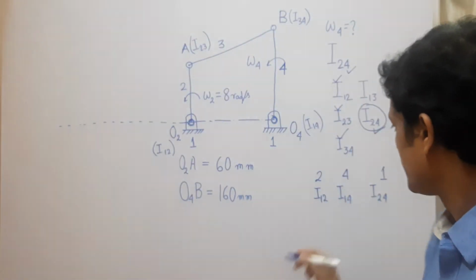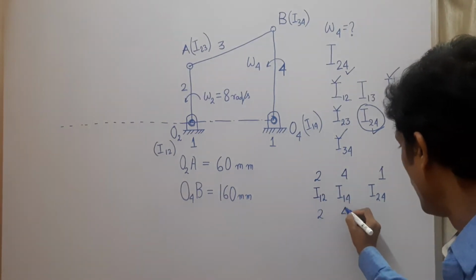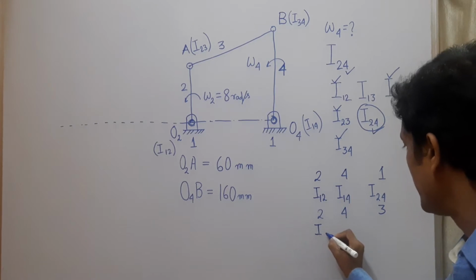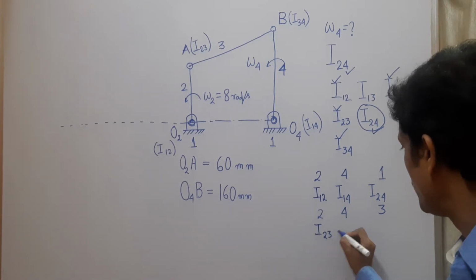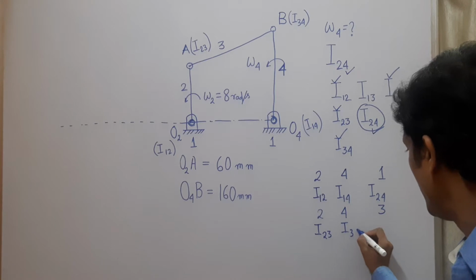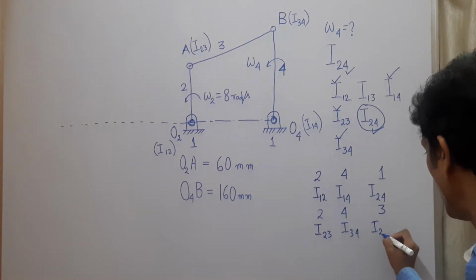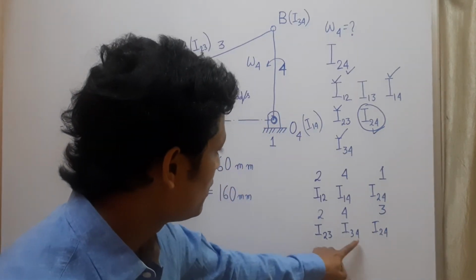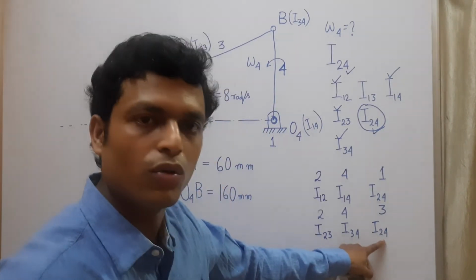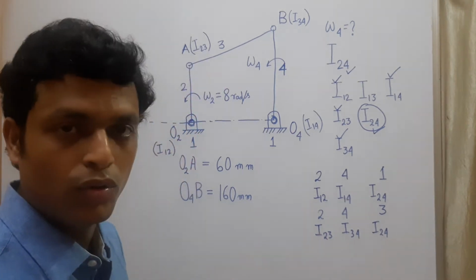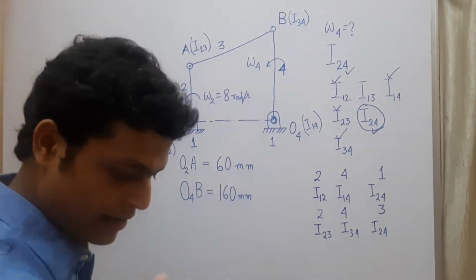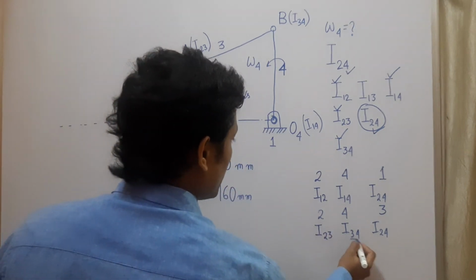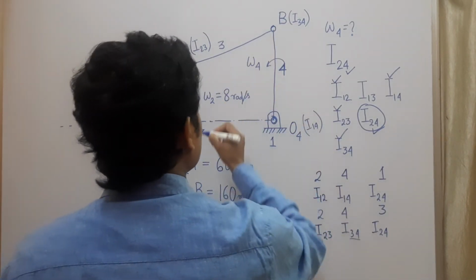Similarly, in the second step we take links 2, 4 and 3. The instantaneous centers are I23, I34 and I24. Now I23, I34 and I24 will also be collinear according to Kennedy's theorem of three centers. Where is I23? This is I23. Where is I34? B is I34.